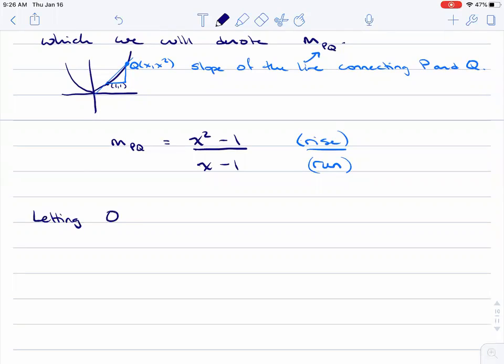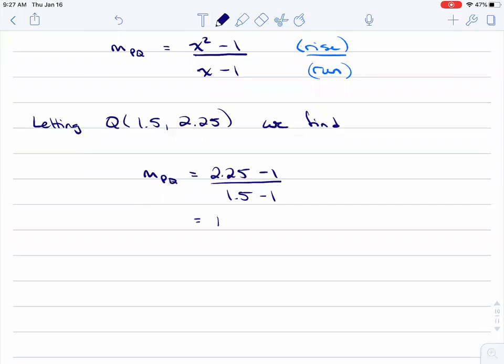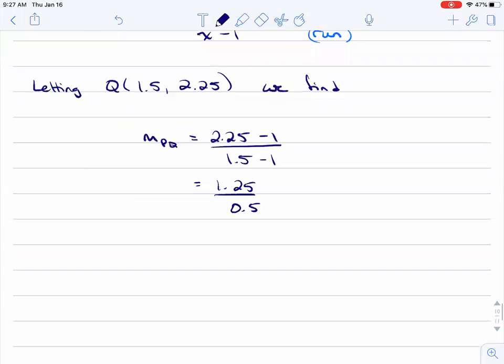Letting Q be at 1.5 and 2.25, we find that the slope, m_PQ, is 2.25 minus 1 over 1.5 minus 1, which is 1.25 over 0.5, which is 2.5.